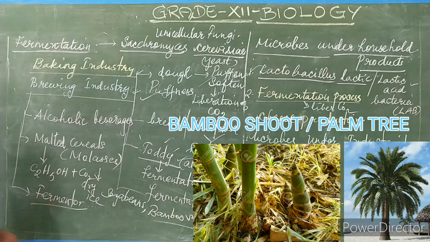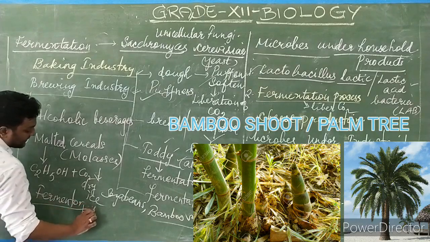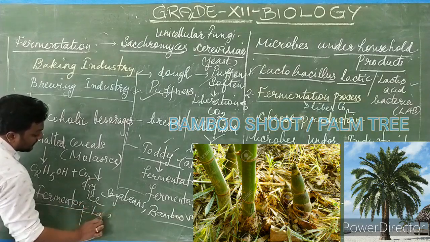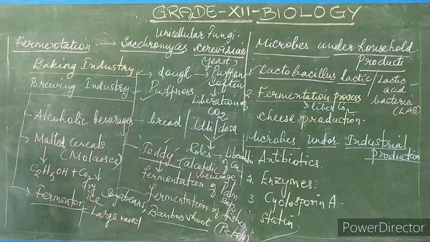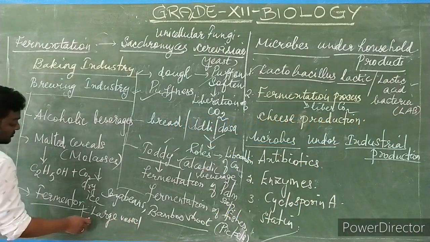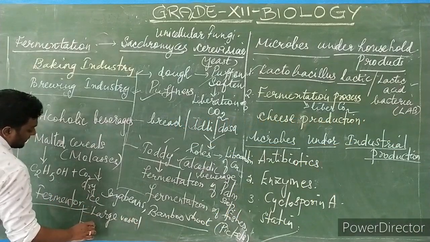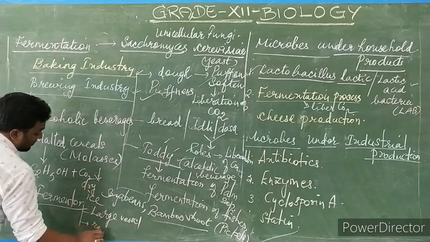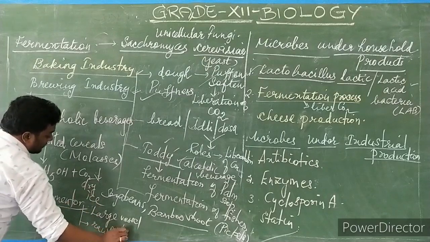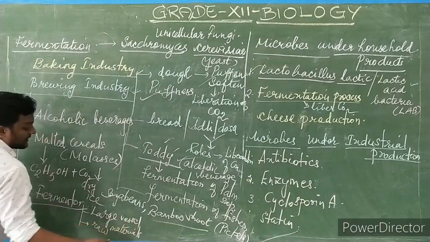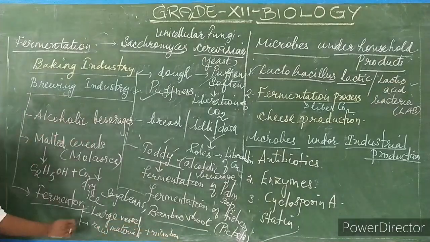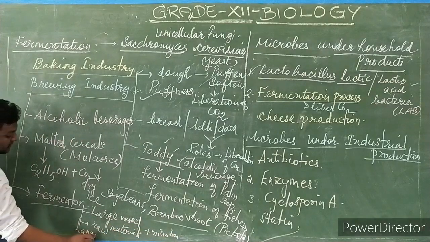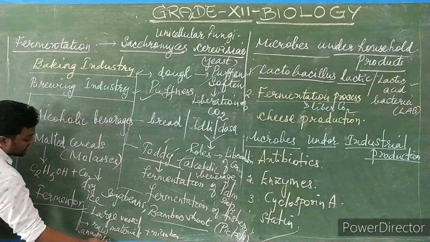So what is a fermenter tank? A fermenter tank is a large vessel. It has to be fed with the raw materials plus microbes, and it should have an anaerobic condition.